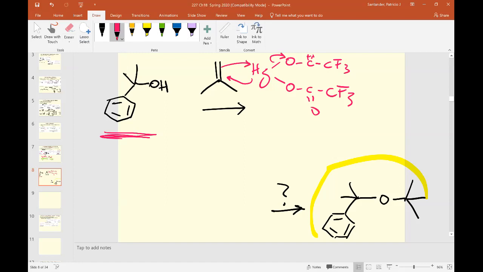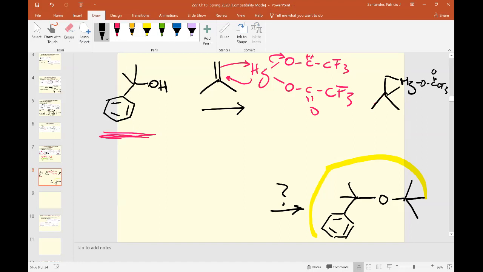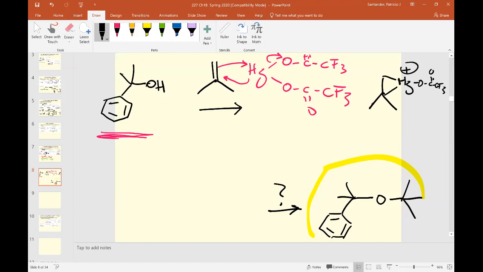At that point, you could have made the three-member ring, right? With still one of the trifluoroacetate units attached. And the mercury is positively charged.